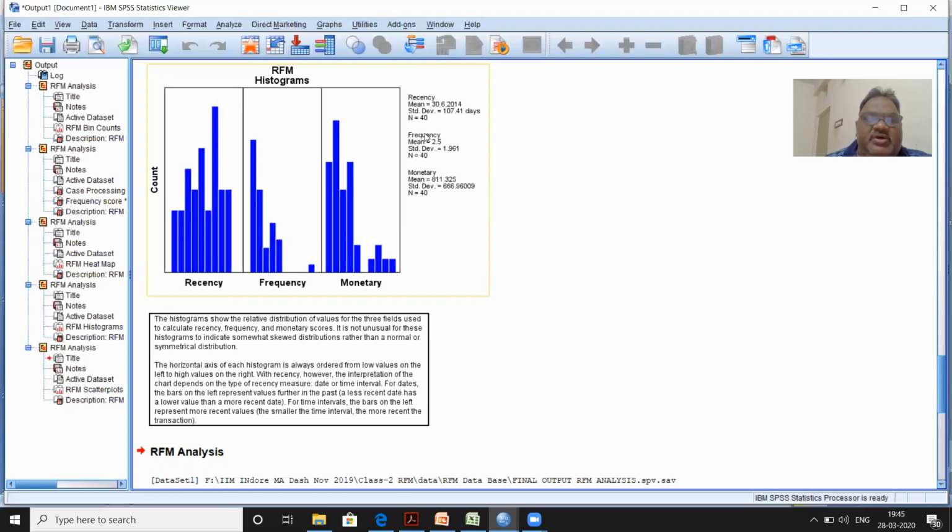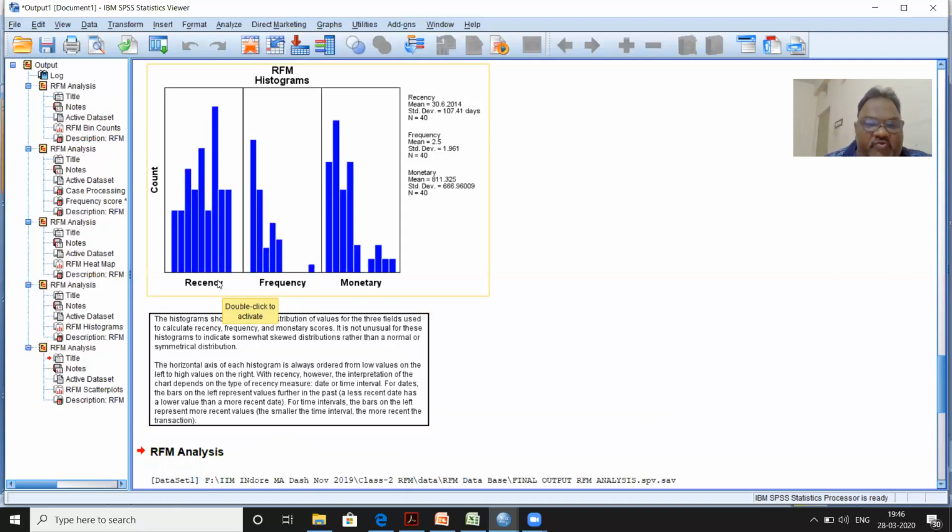So the company should go for a revitalized strategy to increase frequencies and monetary values, because this histogram shows the relative distribution of values for the three fields used to calculate recency, frequency, and monetary score. It is not unusual for this histogram to indicate a somewhat skewed distribution rather than a normal distribution. The horizontal axis of each histogram is always ordered from low values on the left to high values on the right.